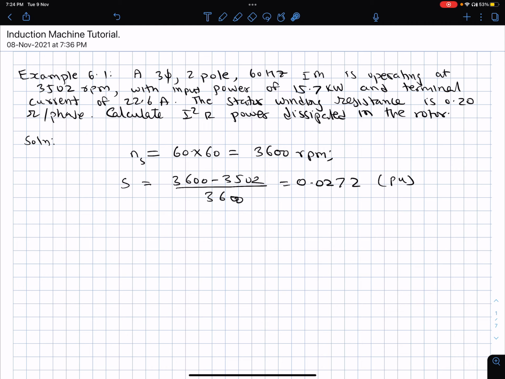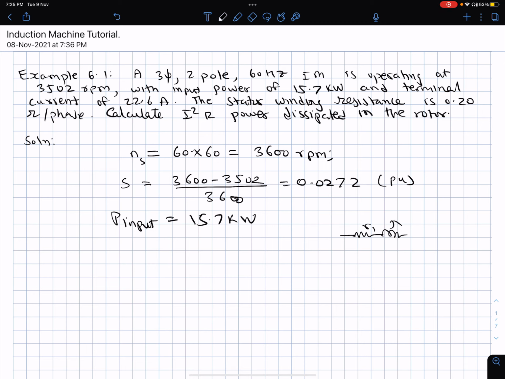So the P input is 15.7 kilowatt. Immediately we cannot process this data; we will see what comes further. And the terminal current is 22.6 ampere. So the terminal current means the current in the equivalent circuit of the induction motor.